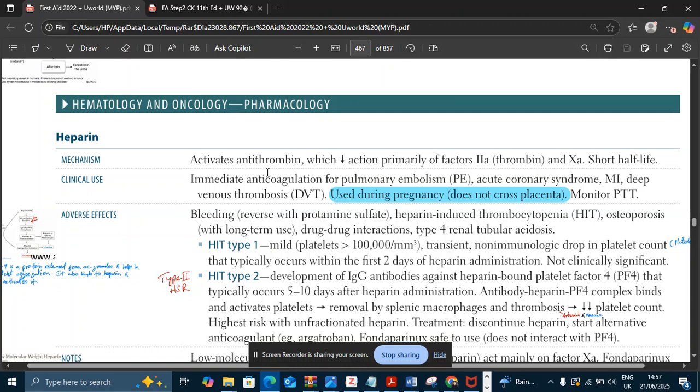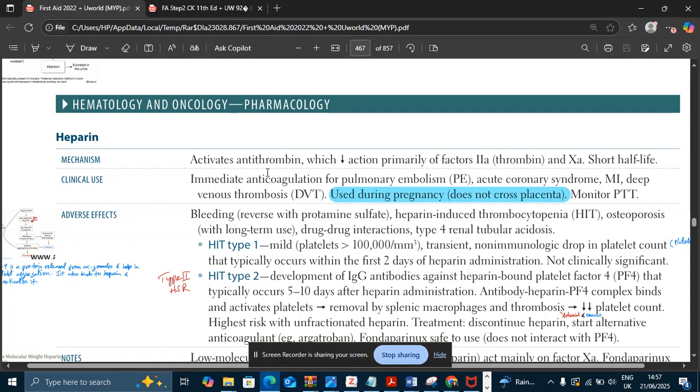Okay, now low molecular weight heparin, the examples are enoxaparin and dalteparin. These are the examples of low molecular weight heparin. They bind to antithrombin 3 via pentasaccharide sequence, and then activated antithrombin 3 binds to factor 10A. Okay, they are directly inactivating factor 10A, which in turn inhibits the conversion of prothrombin to thrombin, which is factor 2.